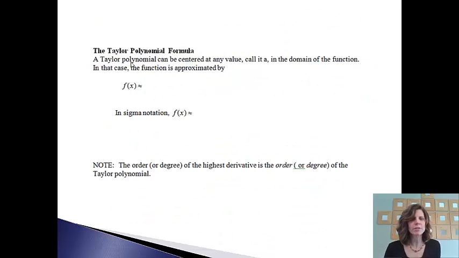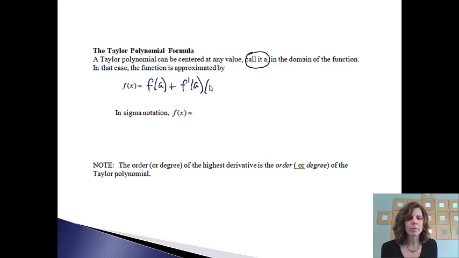All right, so a Taylor polynomial, the more general type, we don't have to center at 0. We can center it at any x value, and we'll call that x value a. So all I'm going to do with the formula that I just had, instead of 0 being my center, where we had f of 0, since my center is now going to be a, we're going to put f of a, and then plus the next part, f prime of a.